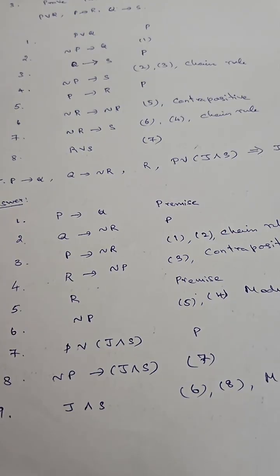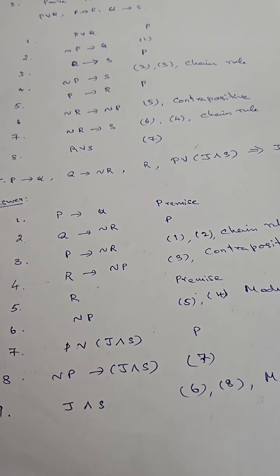Now I can combine step number 1 and step number 2 by means of the chain rule. Then I get P to negation R. Now R to negation P, we are getting it from step number 3 by applying the contrapositive.